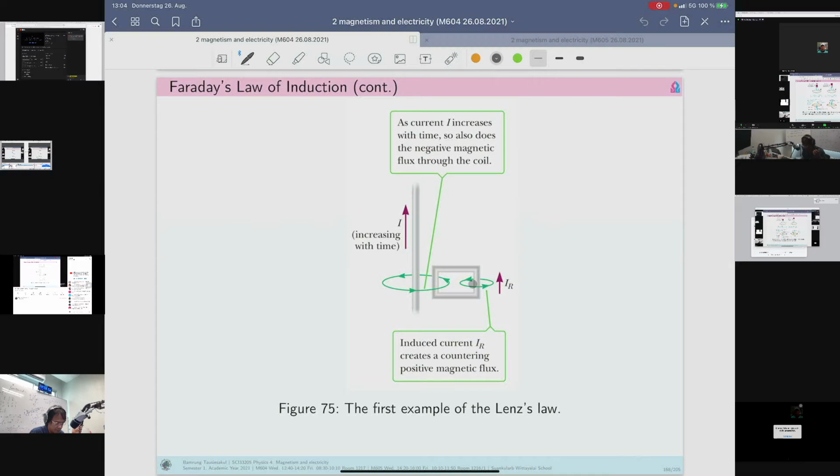We move this permanent magnet toward the circular coil, and of course this conductor doesn't like that movement. When someone tries to disturb him, he acts against this increased amount of magnetic field.